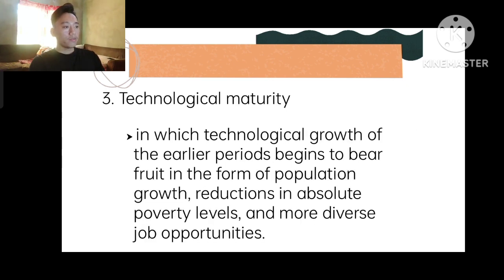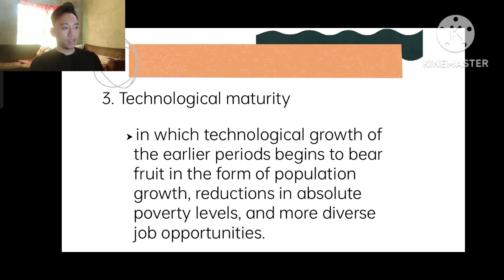The number three is technological maturity, in which technological growth of the earlier periods begins to bear fruit in the form of population growth, reductions in absolute poverty levels, and more diverse job opportunities.